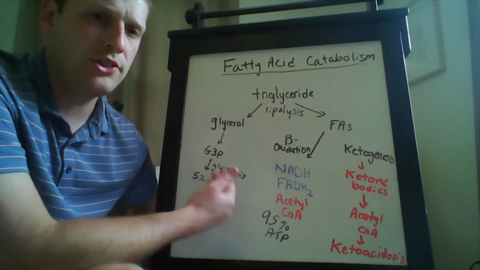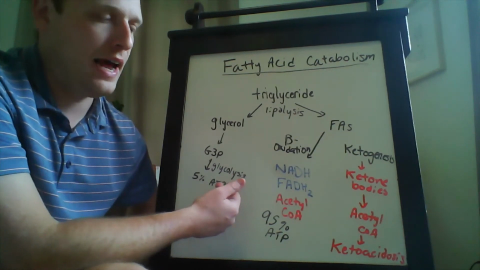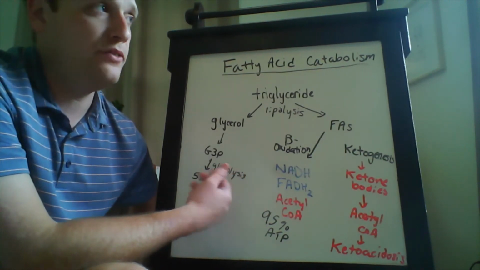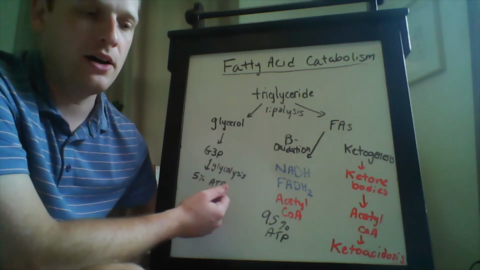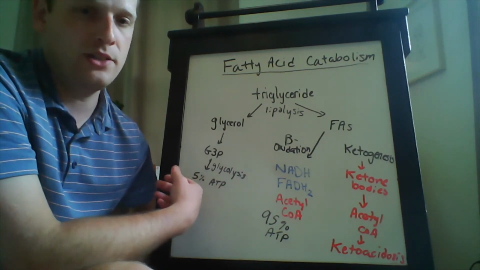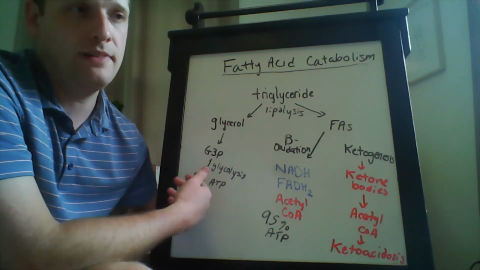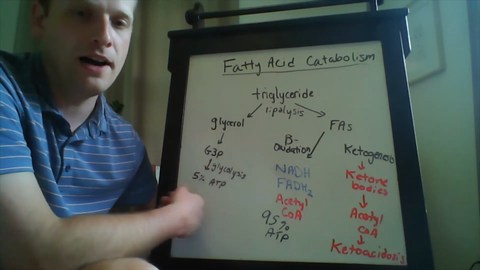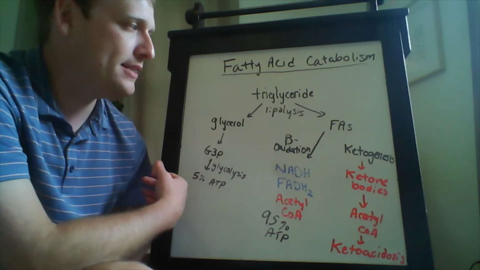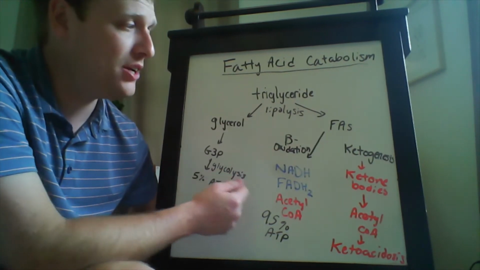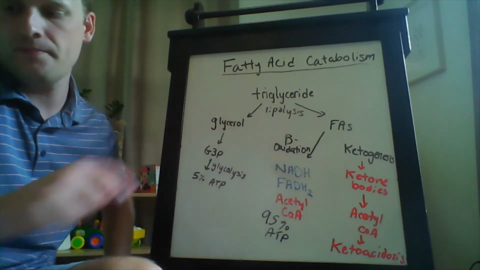So one alternative that can happen, and if you're up to date on nutritional information, you may have heard about ketogenic diets, which are low calorie or low carbohydrate intake diets. So ketogenesis is the formation of ketone bodies.